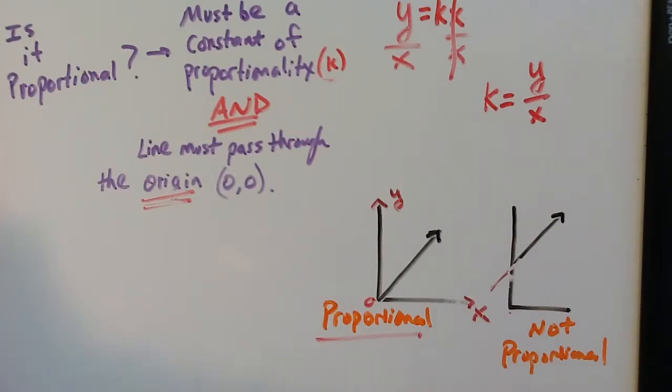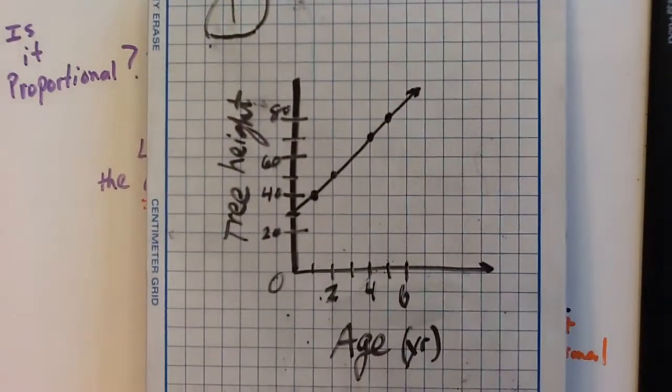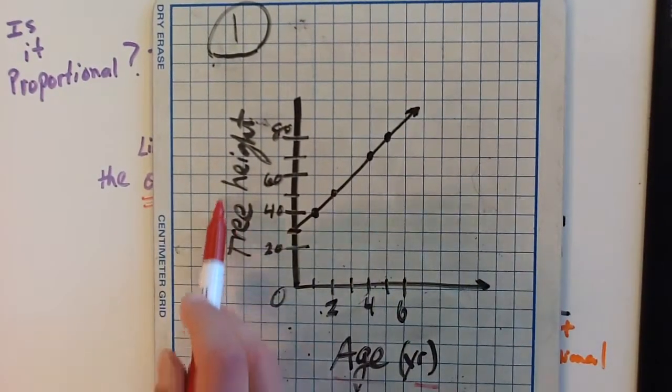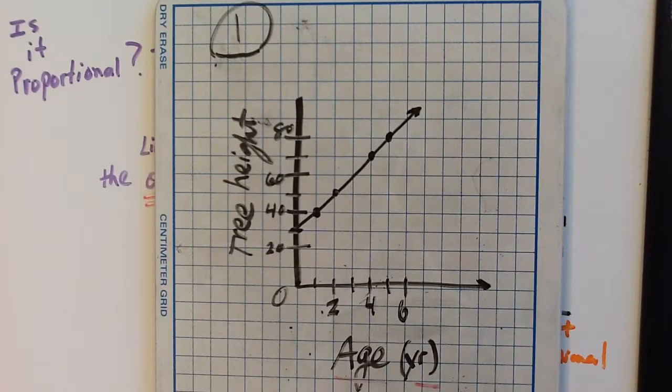Let's look at two examples. Here's our first example. We are comparing here the age, which is in years, to the tree height. And we want to know, is this relationship proportional? Well, right away, just by looking at it, you can already tell it does not meet the second criteria.